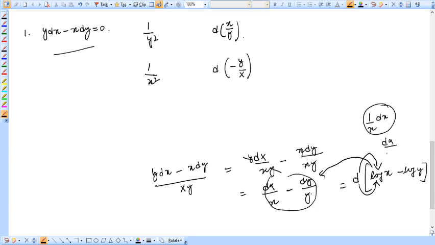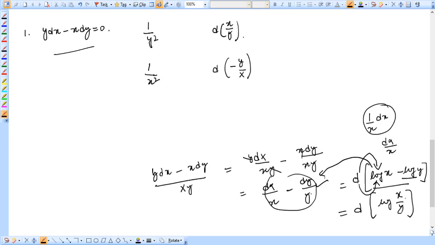Dx over x, and log y gives dy over y. So these two are equal, and thus we are able to write it in this way. Or we can also write this as log of x over y using log formulas, right?